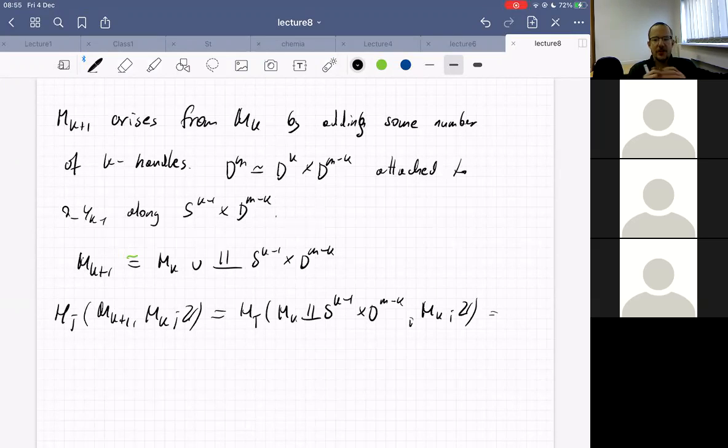Excision tells you that if you have H star of (A, B) and C is a subset of B, then H star of (A minus C, B minus C) is the same. That's essentially what excision means.